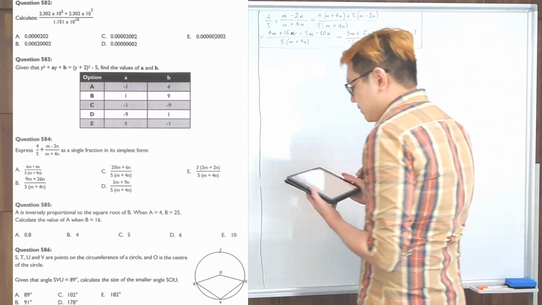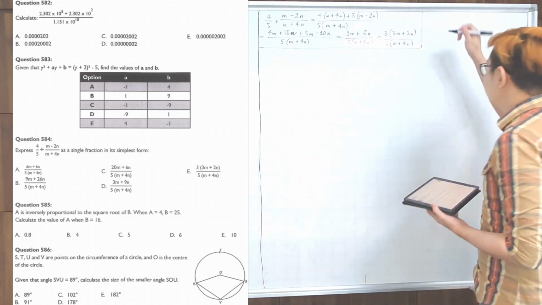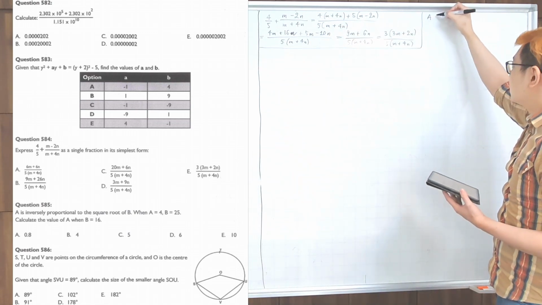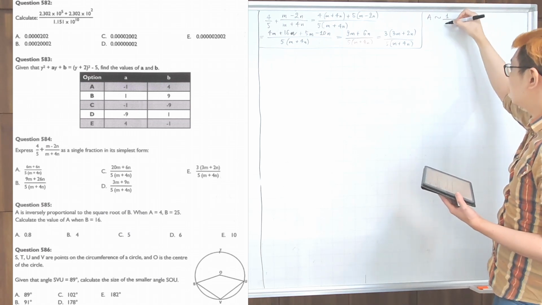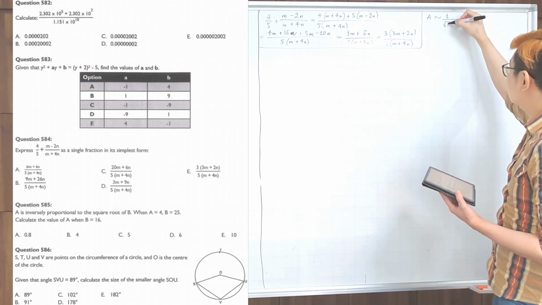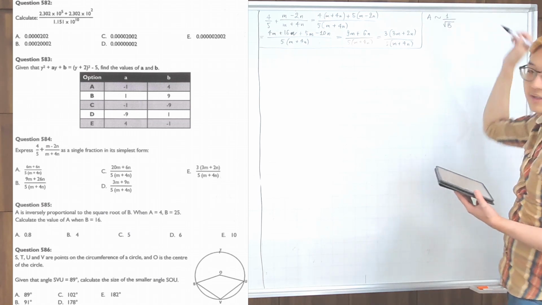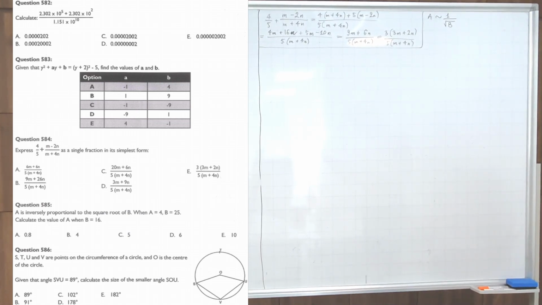So they say A is inversely proportional to the square root of B. Tỷ lệ nghịch tức là một phần gì đó nghịch đảo á. Inversely proportional, this means like 1 over something, square root of B. When A equal to 4, B equal to 35, calculate the value of A when B equal to 16.